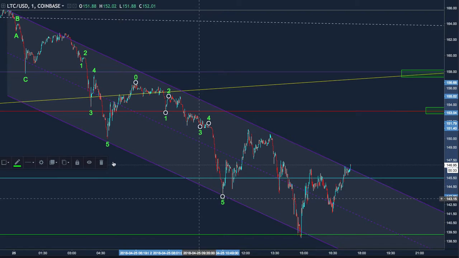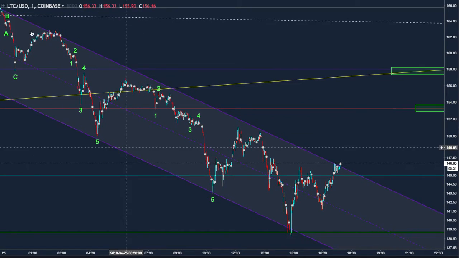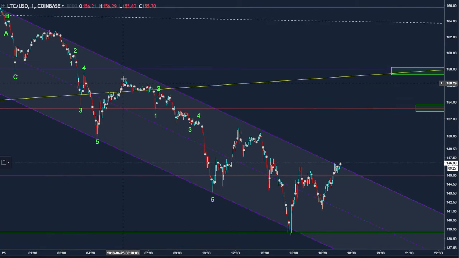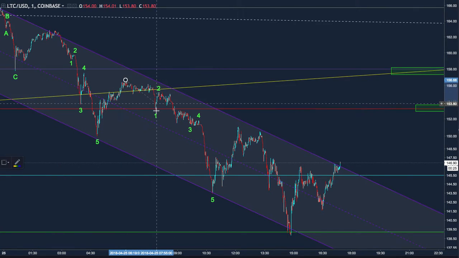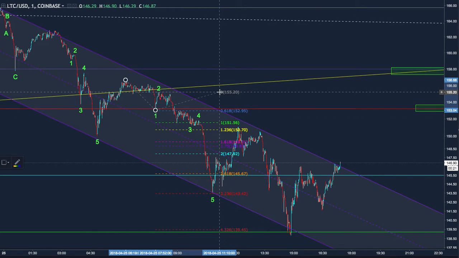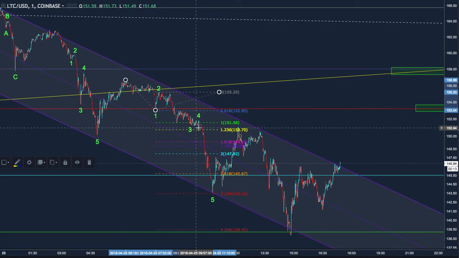With this structure, you want to be careful. You want to make sure that the 3rd wave is not the shortest, otherwise you have invalidation of Elliott wave rules. I measured this previously, but if we take this 1 to 2, take this wave 1 extension and project it from 2, we can see that wave 3 is just a little bit longer, so it doesn't invalidate any Elliott wave rules.